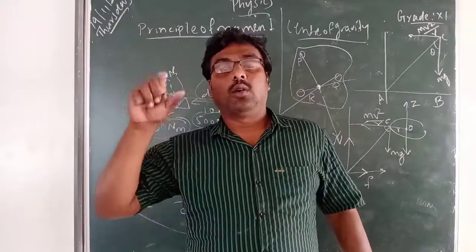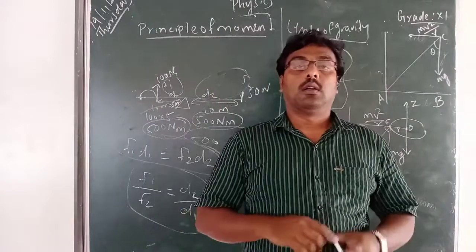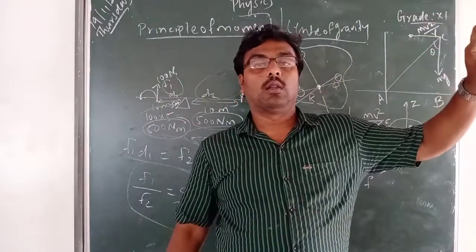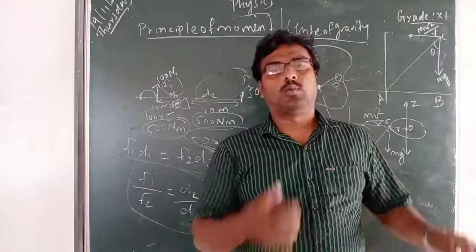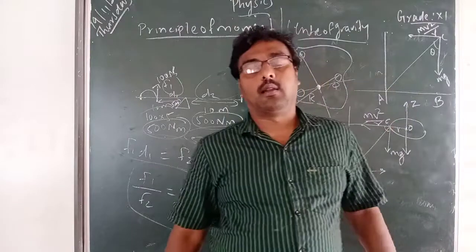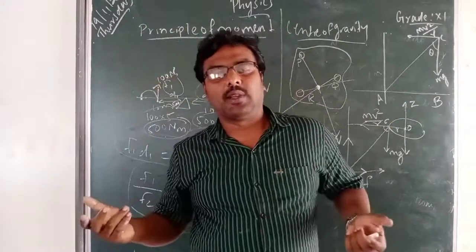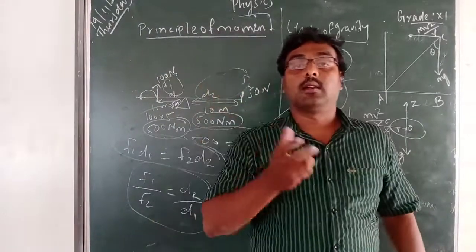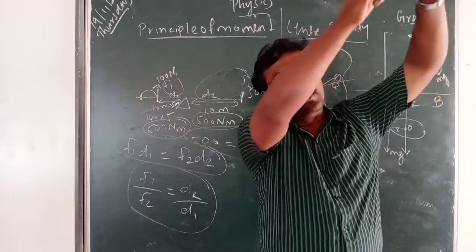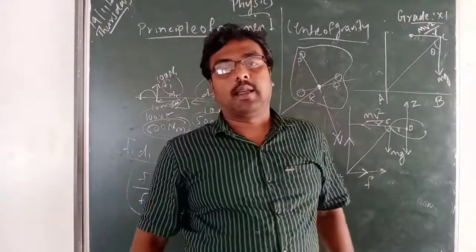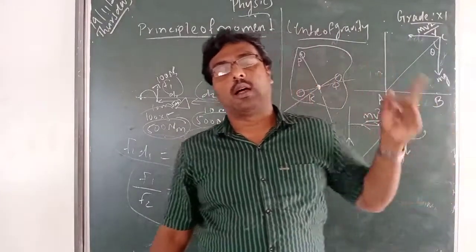Then make 3 holes at far away positions and mark them as P, Q, R, and put a nail on a wall. Then put the lamina on this nail. Then take a plumb line or thread or anything you can take, and at the end tie a weight. Just tie it from the point P. You can see you will get a line. Draw that line. Repeat the same from the holes Q and R.